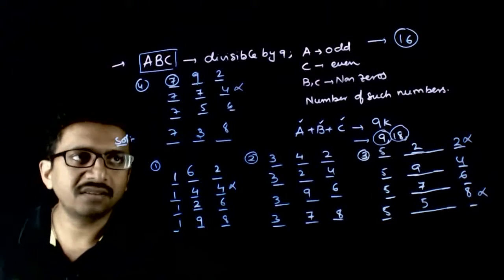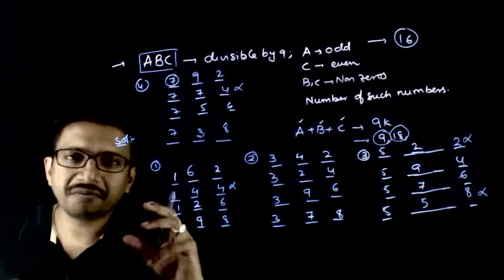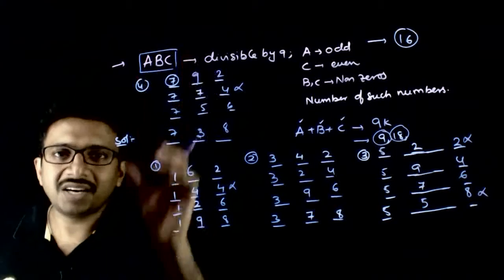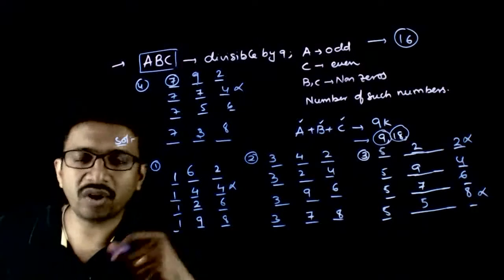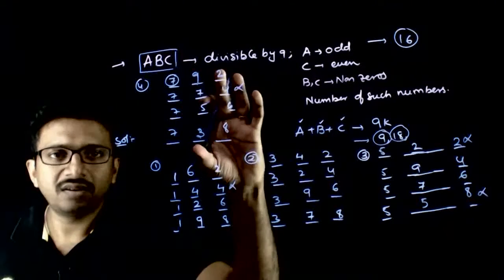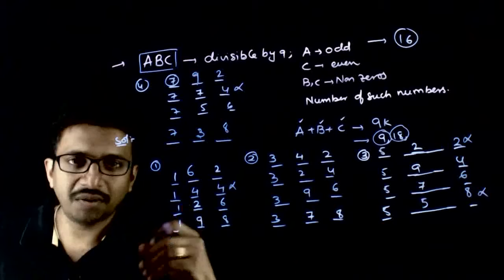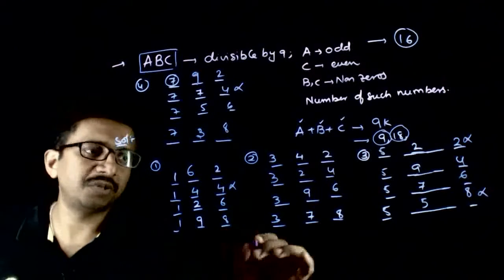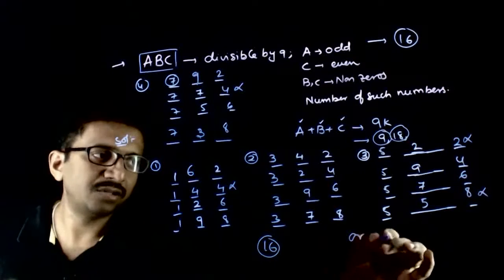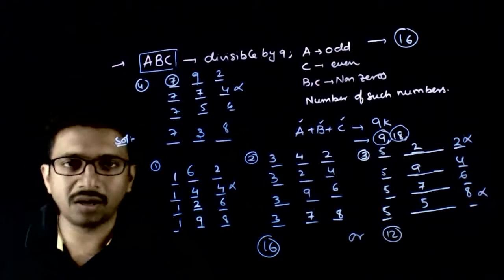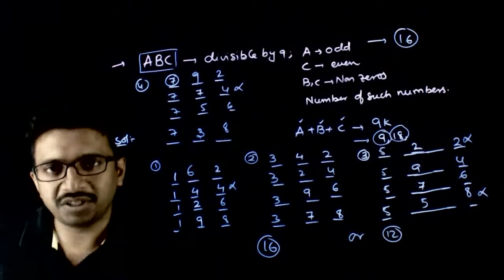So if I want 3-digit numbers where all the digits are different, you have only 12 options. If repetition is allowed, you have a total of 16 options, depending on whether you want all different digits or if repetition is allowed.